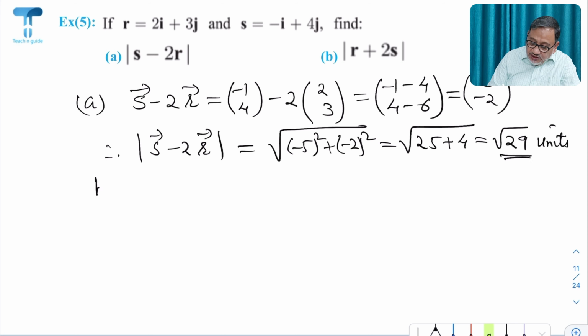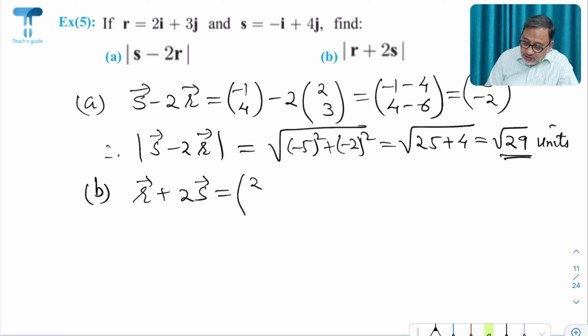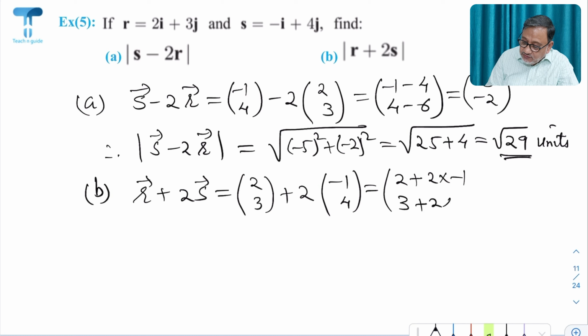Then second vector, R plus 2S. So first I will find R plus 2S. R is (2, 3) in column vector form, and 2 times S is 2 times (minus 1, 4). So I will have to add 2 plus 2 times minus 1, and 3 plus 2 times 4.